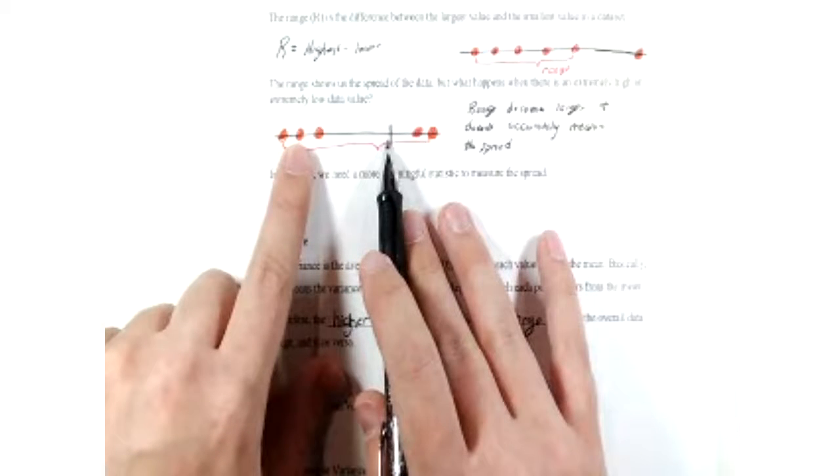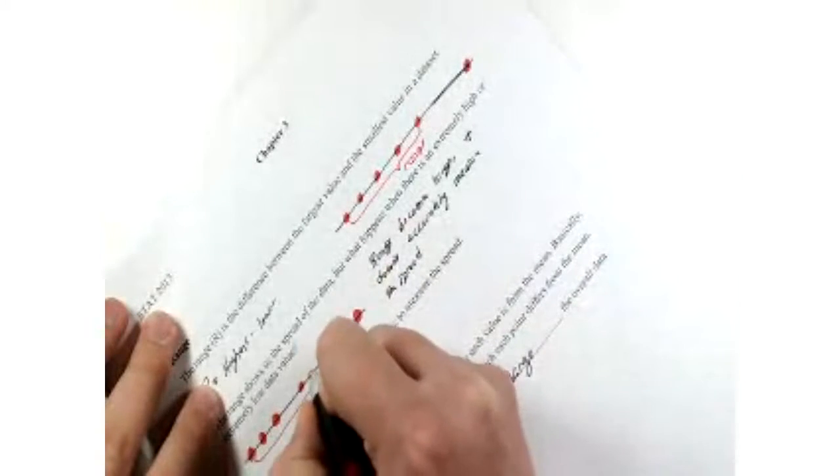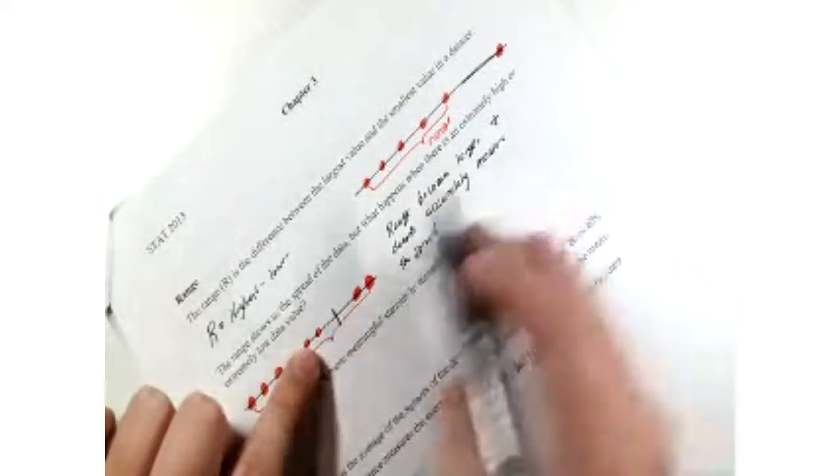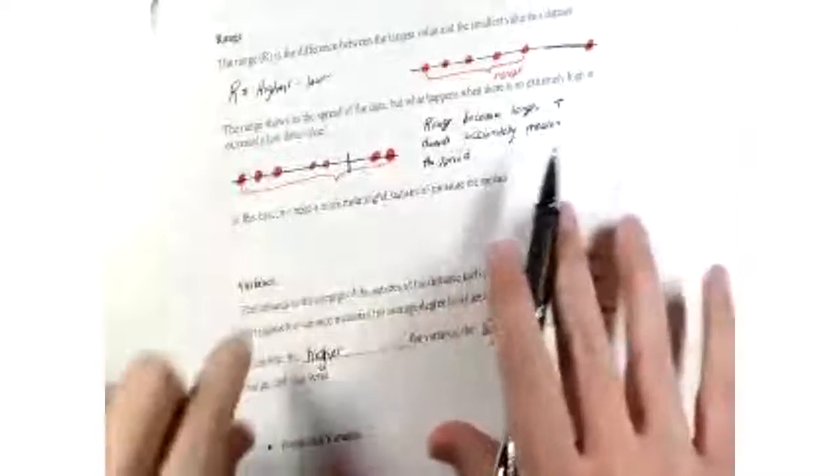So that's going to be quite large compared to if the mean is right here and all my data points are right here. So then these data points are closer to the mean. So whenever I take the difference and square it and add them up, it's going to be a lot smaller than with these data points. Does that make sense?